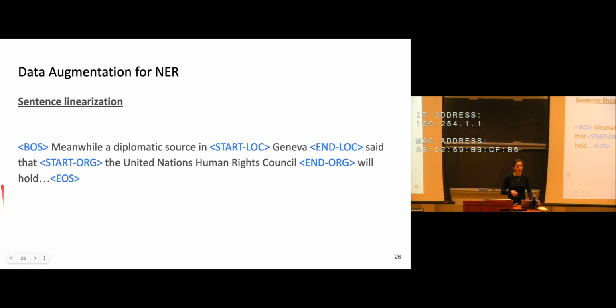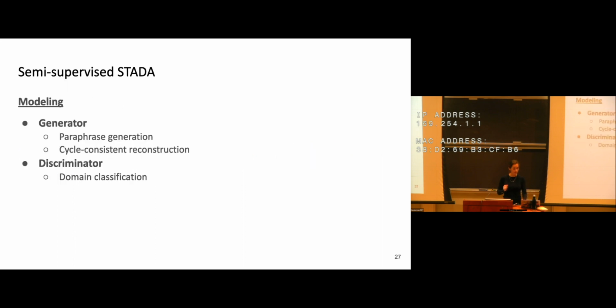We still have the beginning of sentence and end of sentence tags, but now we just denote with a start and end the boundaries for the named entities. We don't attach a special tag before each of the words, only at the beginning and at the end of that named entity. So this is how our linearization works right now.